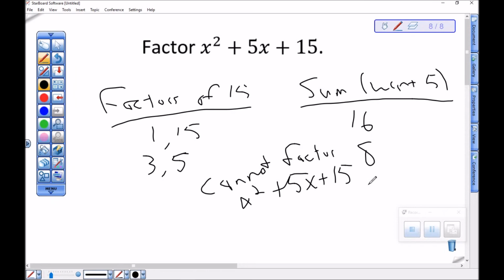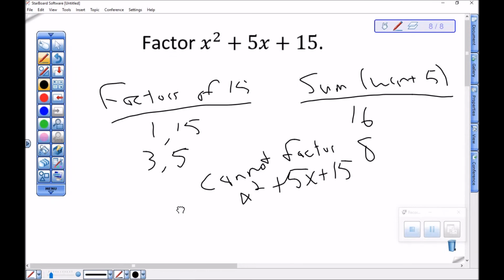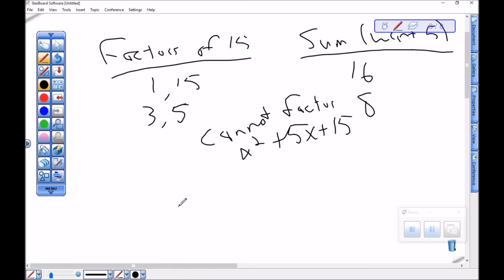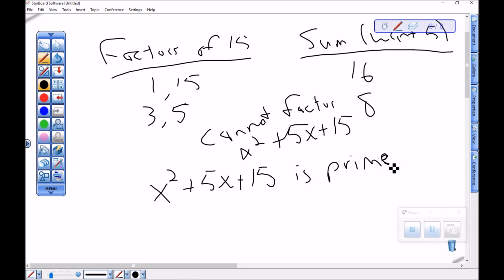So that means since I can't factor it, I call it the same thing that I call numbers whose only factors are 1 and themselves, which are greater than 1. I call it prime. So x squared plus 5x plus 15 is prime. Okay, it is a prime polynomial. There's no way to write it as linear factors that just have rational numbers in them.